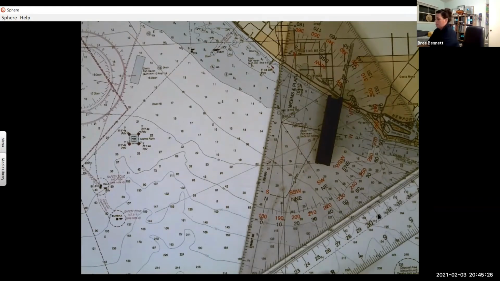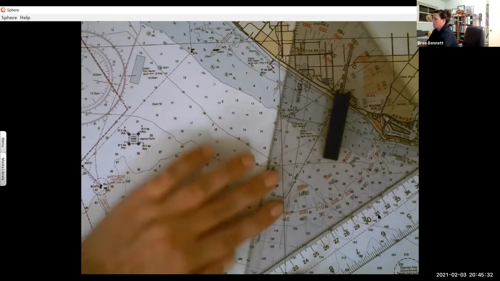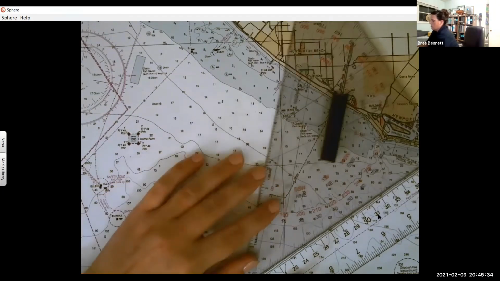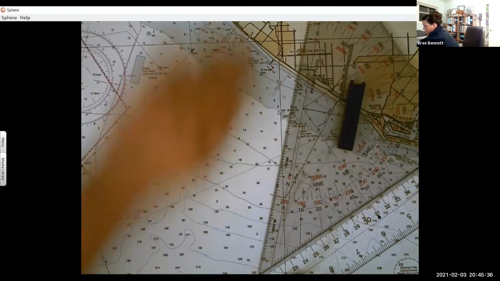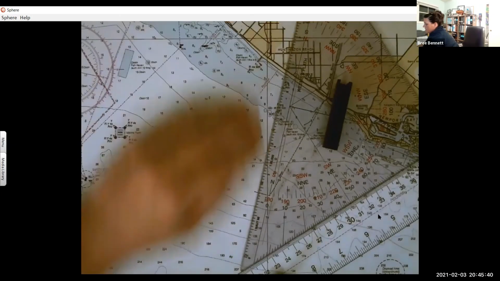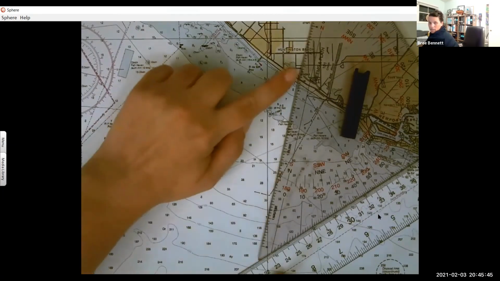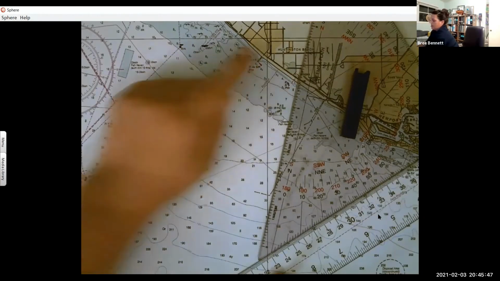So I'm going to hold this. I'm going to put it on the short side of the triangle. And then I can move this triangle. So I'm here. I'm going to move it to where it hits that power plant. And then draw my line.